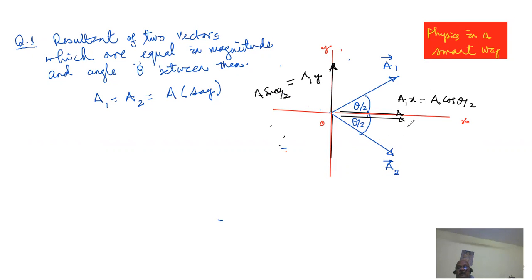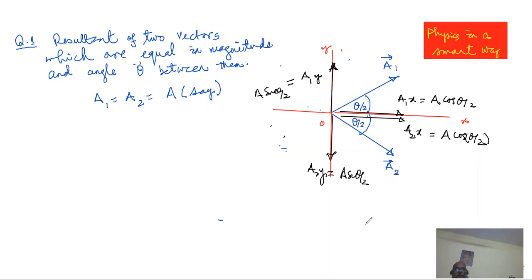Second, A2's x component will be A2x. That will be equal to A cos theta by 2. That is not A cos theta whole by 2, that is A cos of theta by 2. And A2's y component, A2y, will be A sin theta by 2.